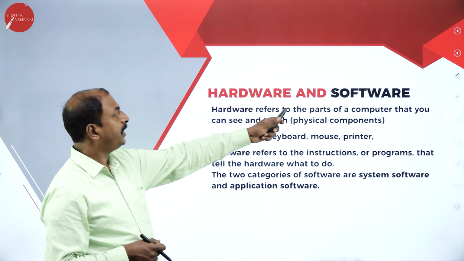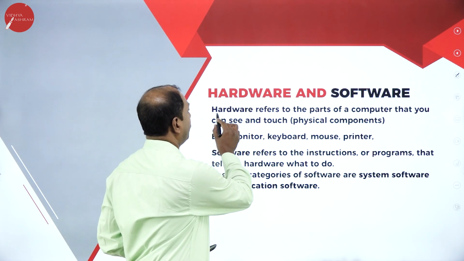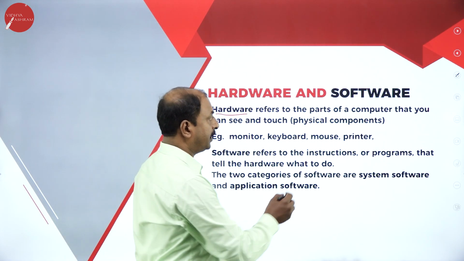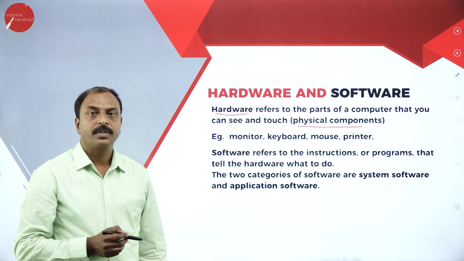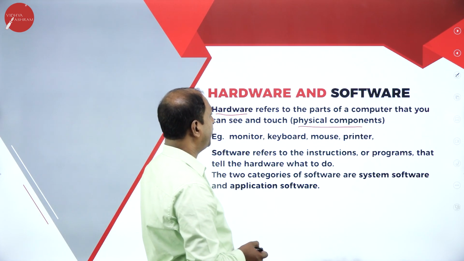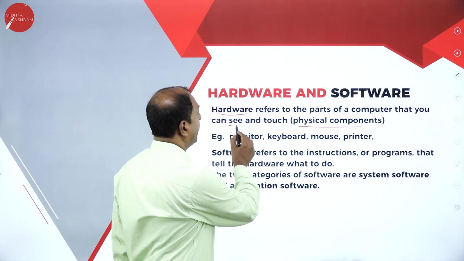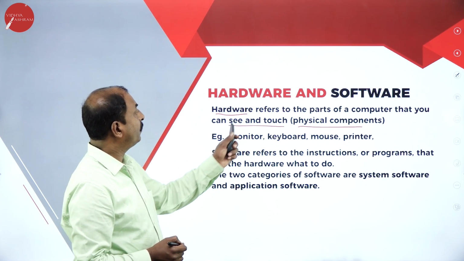Here, hardware and software. What is hardware? The word hardware refers to the physical components of a computer system. If I say physical components, these components can be seen and touched, or we can feel them. That is the meaning of hardware.